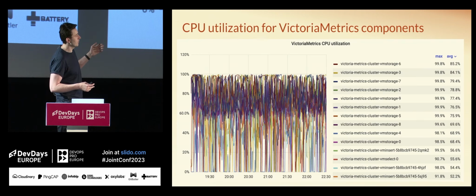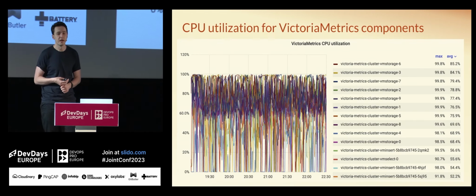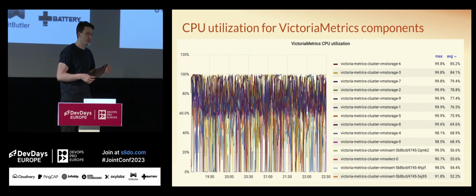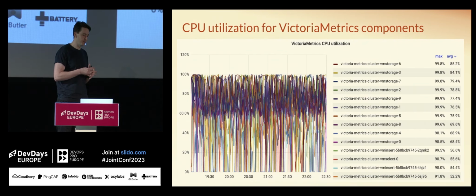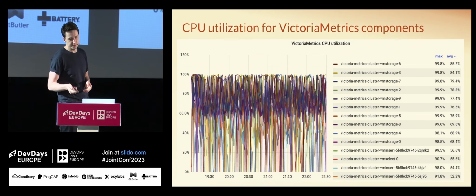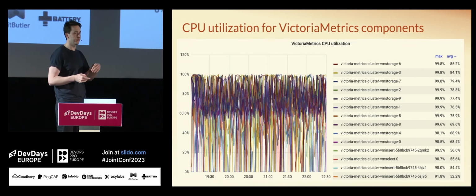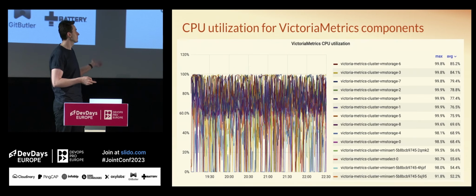So you can have not 10, you can have 30, 40 storage nodes, and with adding each storage node, you will get this horizontal scalability. Everything will be multiplied. So here we hit this CPU limit. That means that we can no longer increase the ingestion speed, because storage can't keep up.